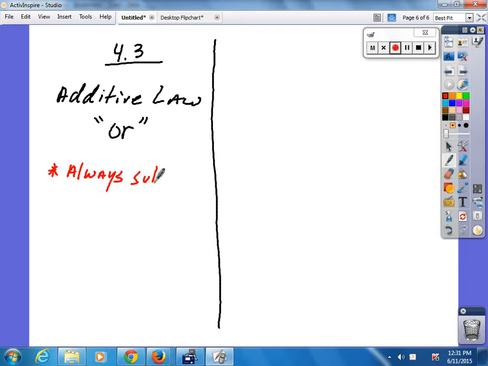Always subtract the overlap. Okay? So that was the three things we talked about in 4.3. It's the additive law. It centralizes around the word or, and whenever you use the additive law, make sure that you always subtract the overlap.